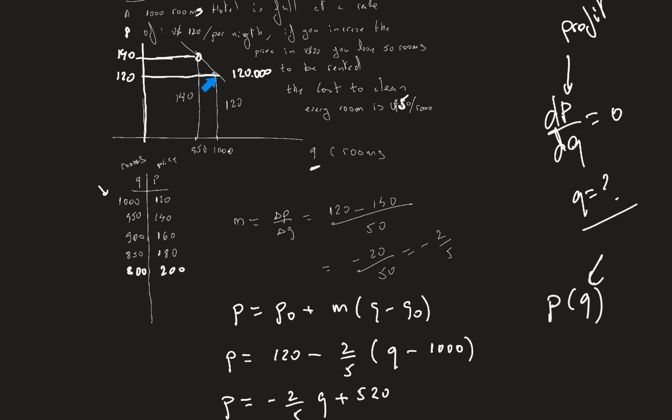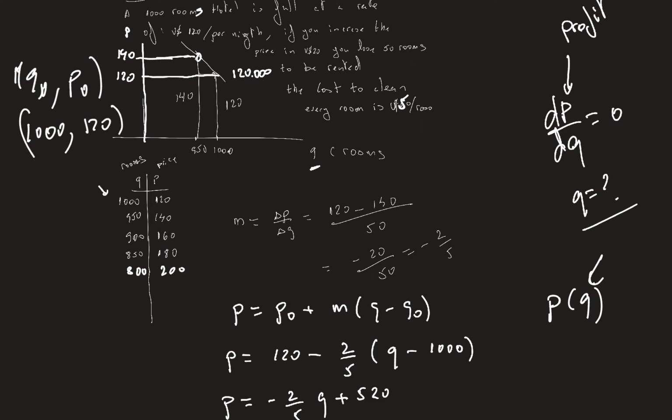If I choose this point, (Q0, P0), the X first, the Y later, Q0 is 1000 and P0 is 120.